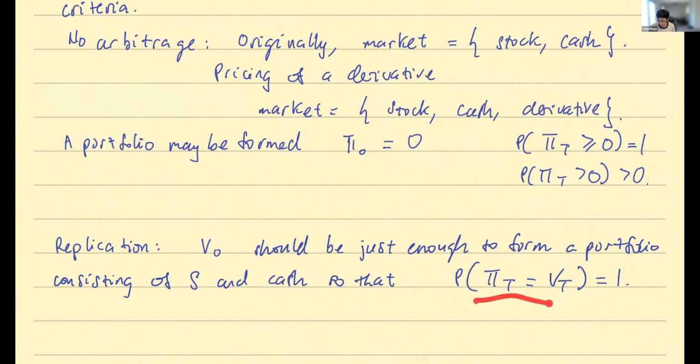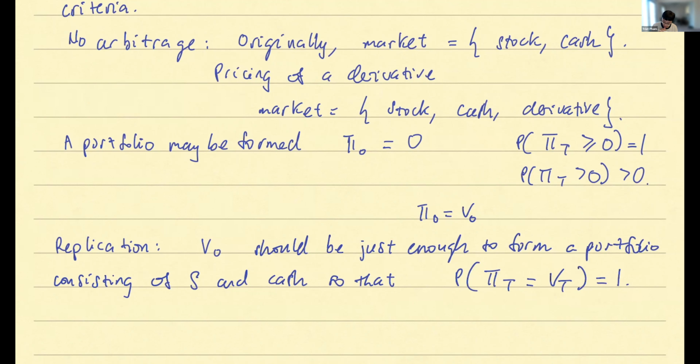Okay, and that's super important, because if you make your portfolio and you just replicate under some scenarios, or you replicate, let's say, with 50%, that's not what we mean by replication. Replication means 100%, meaning that always your portfolio matches what you're supposed to hedge. And so just enough really means originally the portfolio is equal to the value of the derivative. So you use the money you gain from the derivative to form a portfolio.